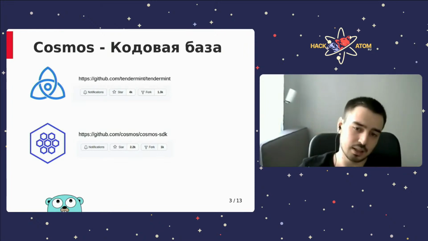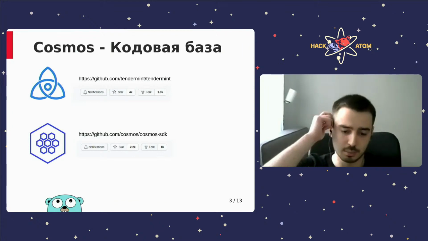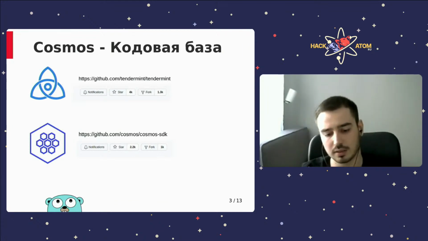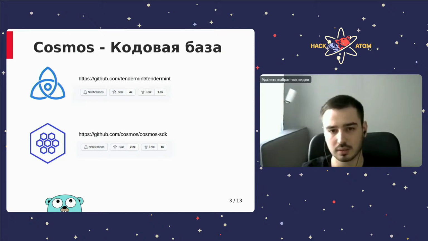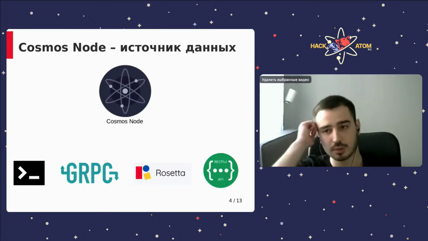Cosmos SDK is a kind of framework to create new blockchains. Using these tools, Terra, Oasis, Binance DEX, and Cosmos itself were created. Both these projects are written in Golang.